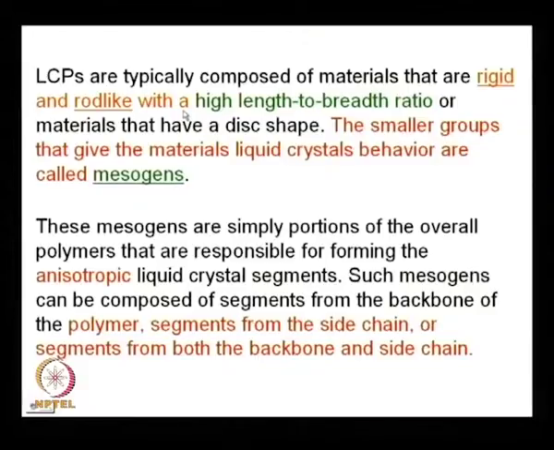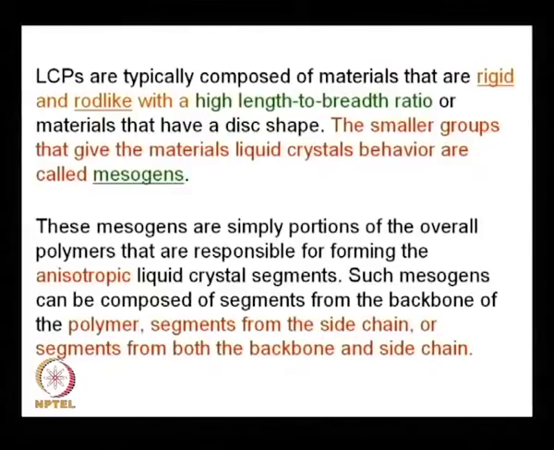It maintains the rigidity or rod shape configuration even in the liquid phase, either in solution or in melt, with a high length to breadth ratio, means high aspect ratio you can say.